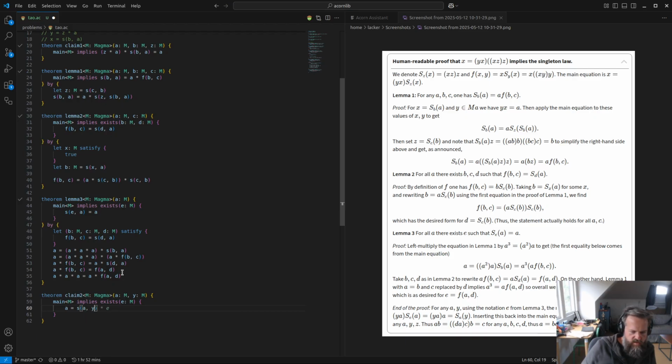Wait, that doesn't make sense. This is weird because I wrote using the notation E and then I just wrote A equals SAY. So there's kind of an unused exists E thing here. Well, okay, this still checks out, right? Yeah. All right, well, this is good enough.